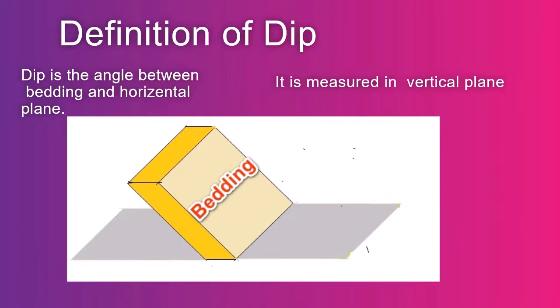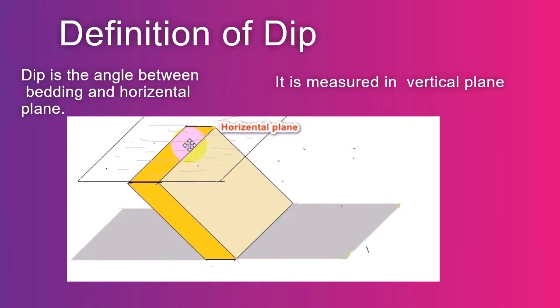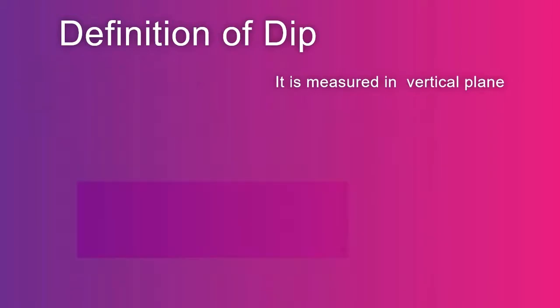Dip is the angle between bedding and the horizontal plane. It is measured in a vertical plane.